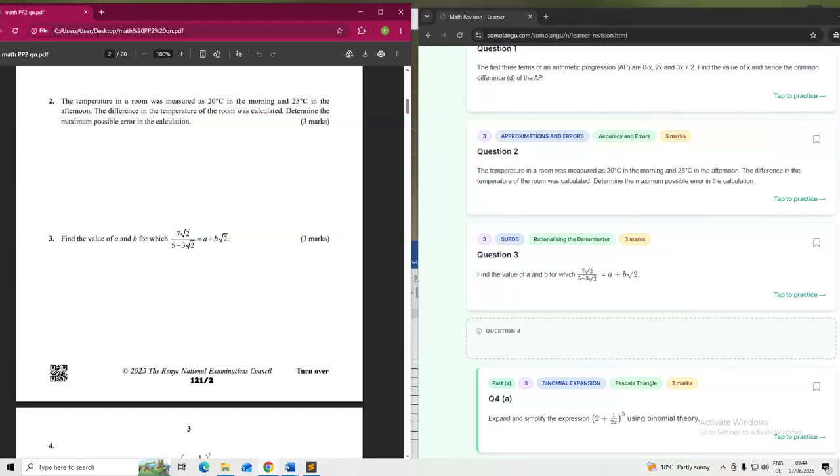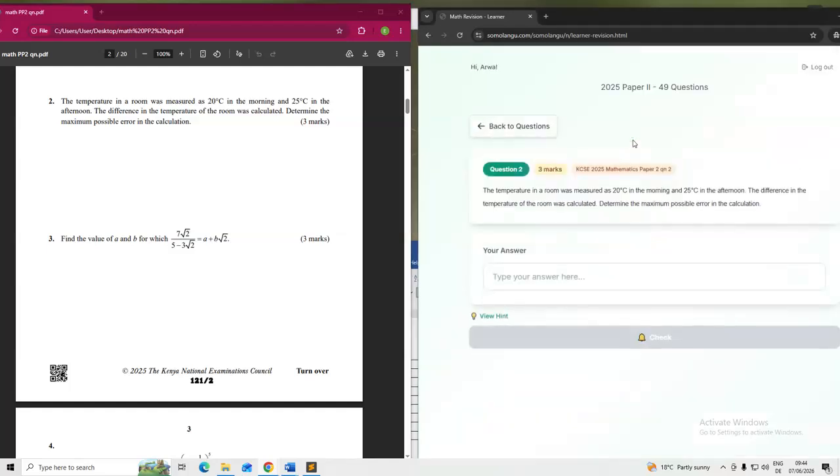Students here are required to determine the maximum error when calculating the difference between 2 measured temperatures. In our case, we have 20 and 25 degrees Celsius. KNEC is testing whether the candidate understands how measurement errors combine during calculations.